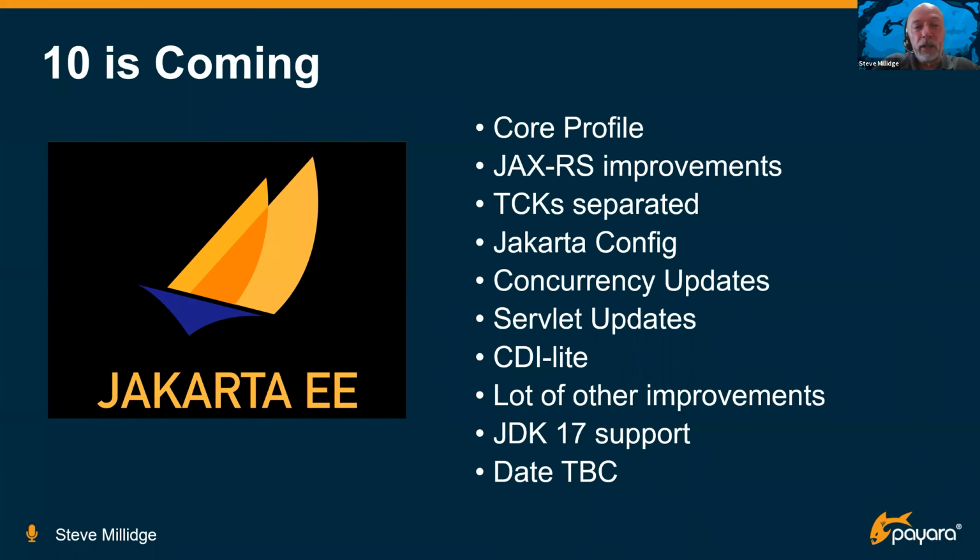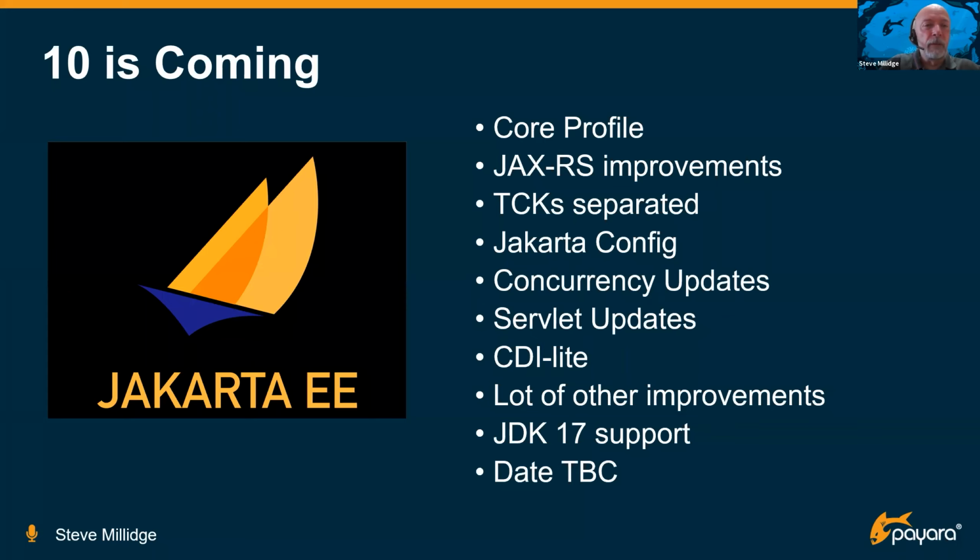So we'll be looking at a core profile, which will strip down the definition of the runtime, probably targeting microservices type models. So you could possibly kick out some of the more display technologies like servlet from the core profile, because you're not displaying, you're just creating RESTful web endpoints. There's big work on JAX-RS.